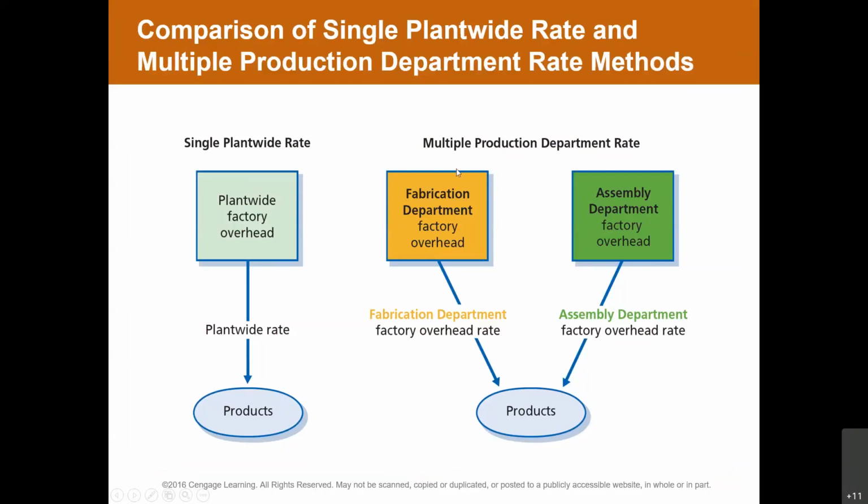So here's how it looks in contrast. The single plant-wide rate is one amount applied to the whole company. With multiple departments, you've got your fabrication department and your assembly department. Each department has its own rate, and both rates are applied to the respective products.